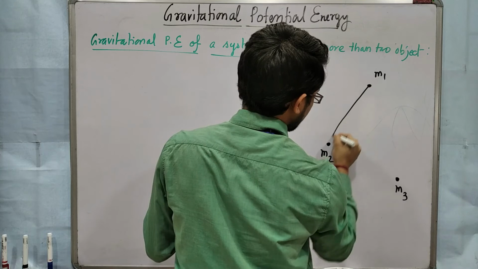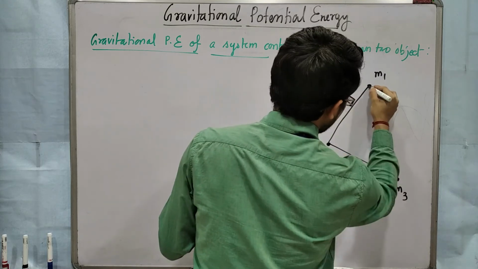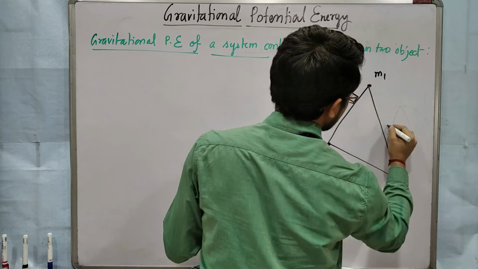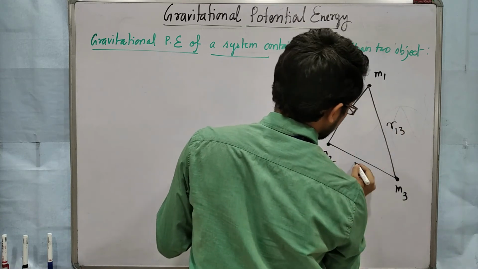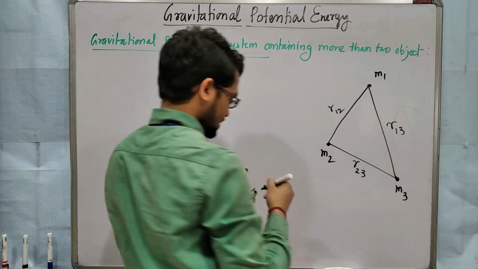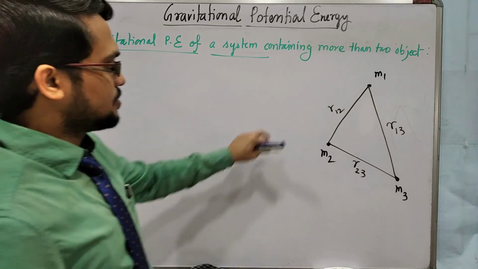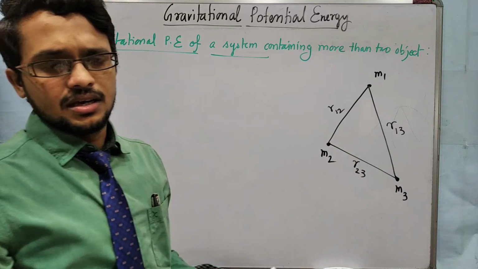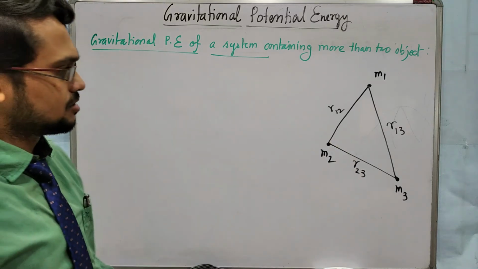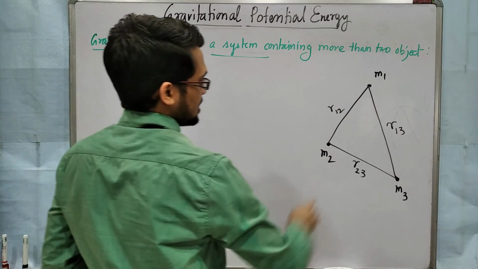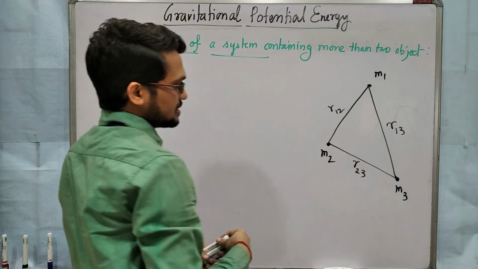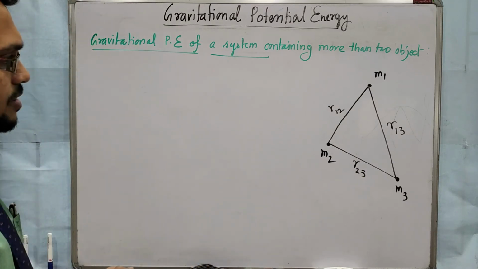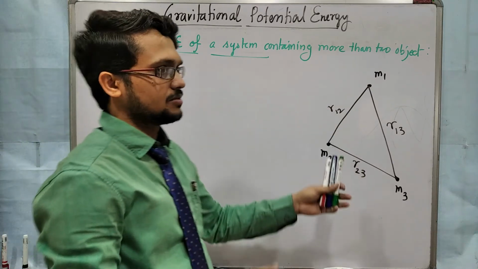The distance between them: this one is r12, this one r13 and this one r23. Here these three objects are taken from infinity closer to any planet. I am not drawing that planet. I will only find the potential energy of this system. This kind of system you can get in space.